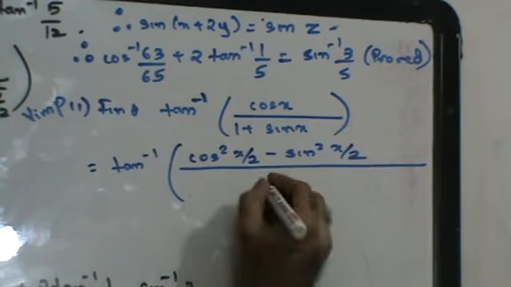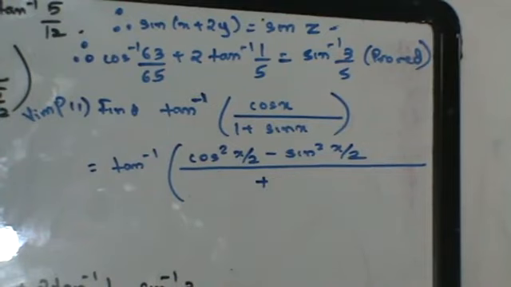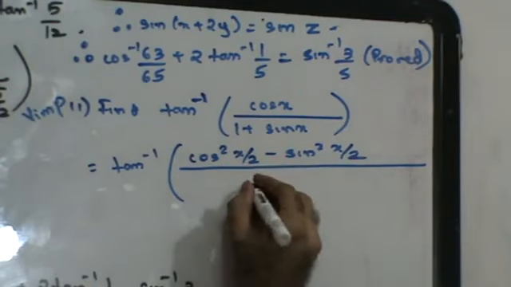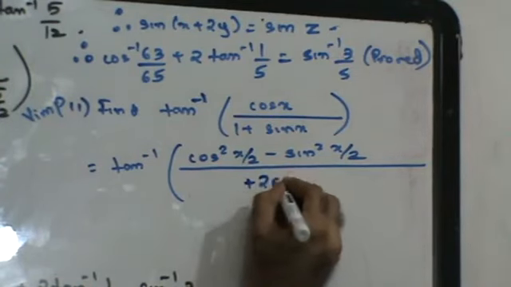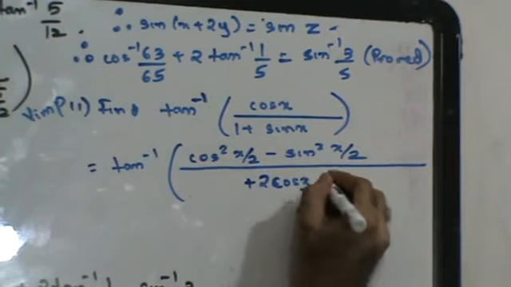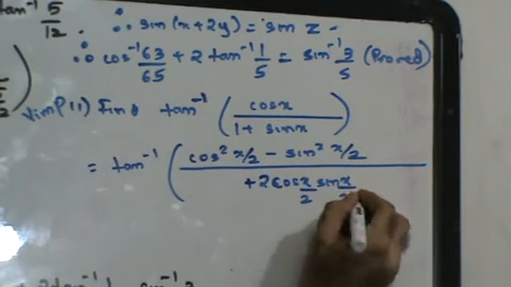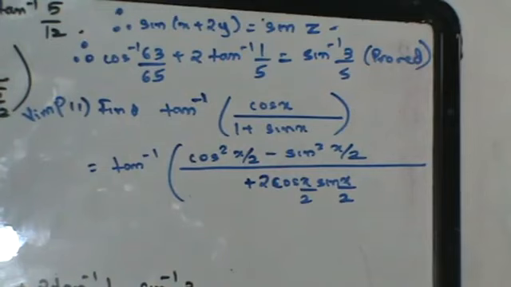Now, plus, observe carefully, people. Sin x, I can use the multiple formula again here. Sin x can be written as 2 cos x by 2 sin x by 2. Submultiple formula, sin theta is 2 sin theta by 2 cos theta by 2.